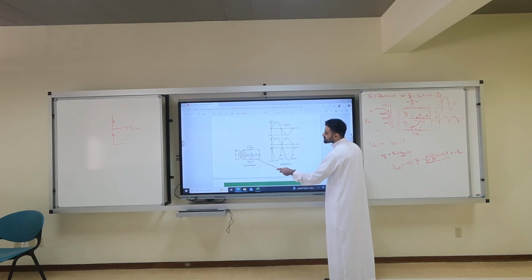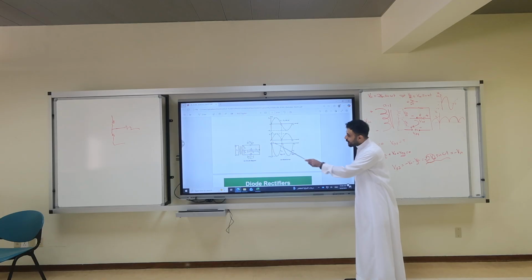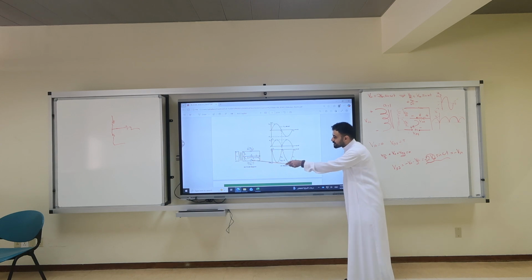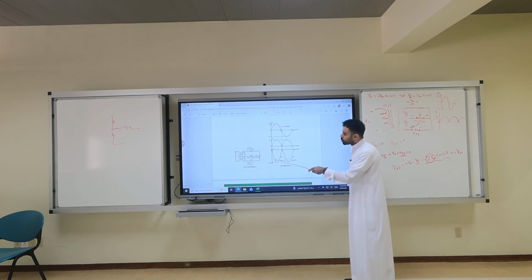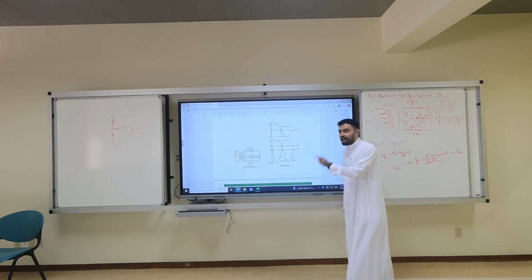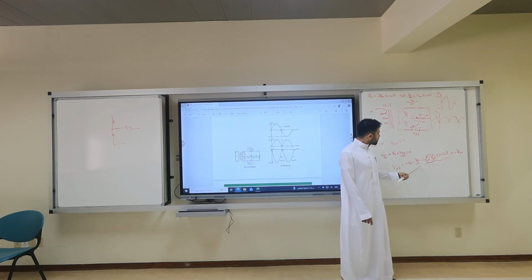So it's twice the voltage that would appear across VD2. So the amplitude that appears is minus 2 Vm. So you're applying a negative voltage at VD2 twice the peak. So you're risking the breakdown. You might burn it. Clear? So this is the equation.